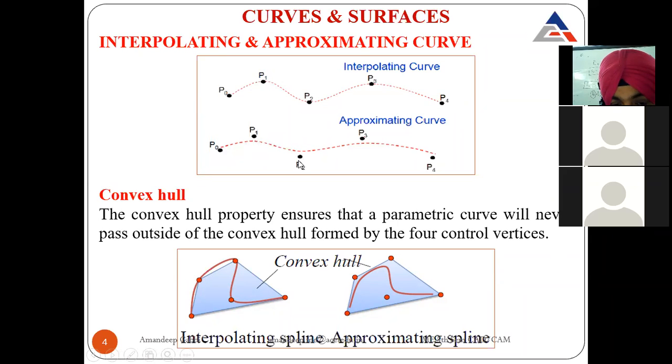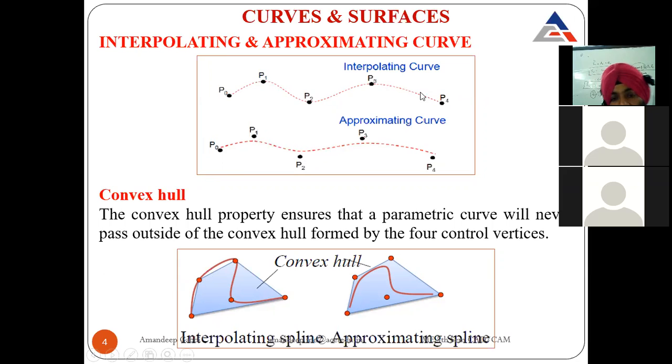But still, if instead of placing the dot over here, you place a dot here, the curve will automatically get a bit more curved at this end. If you place a dot somewhere below that, the curve will get slightly more curved. And if you place the dot slightly above, the curve will straighten up, and so on.